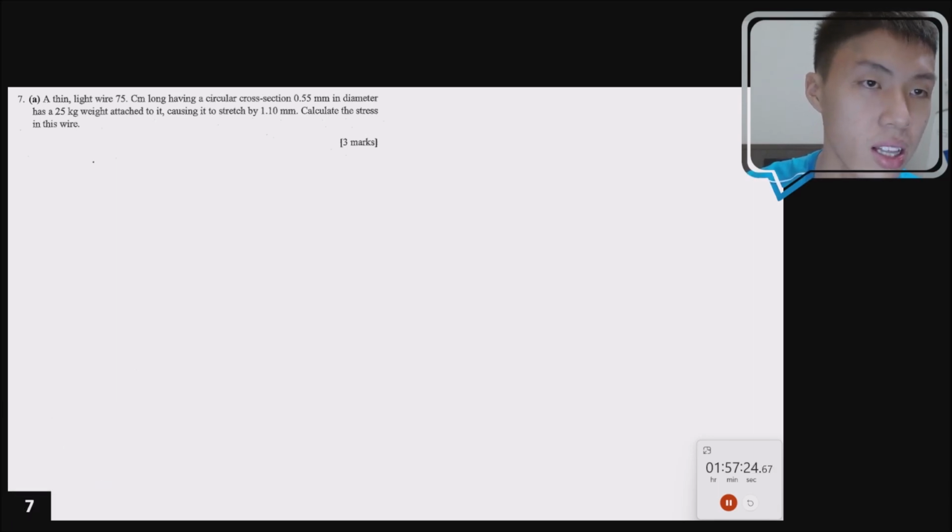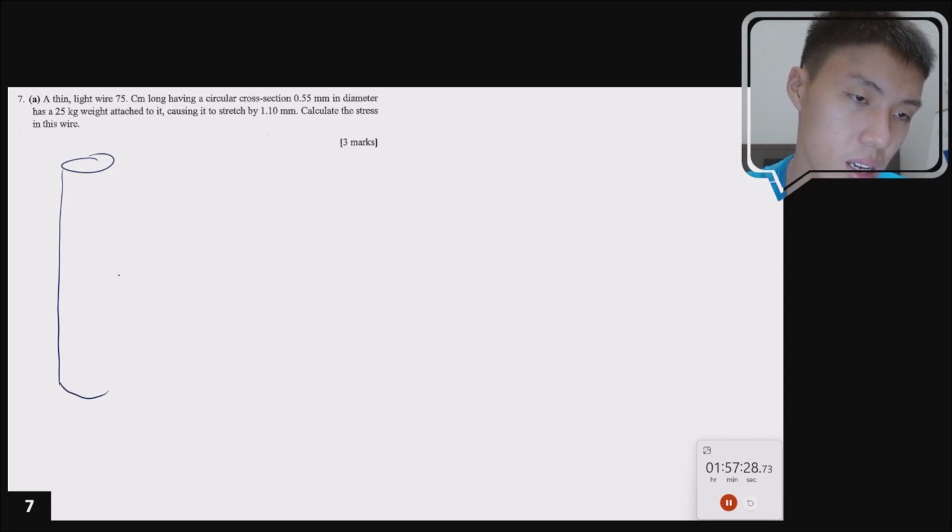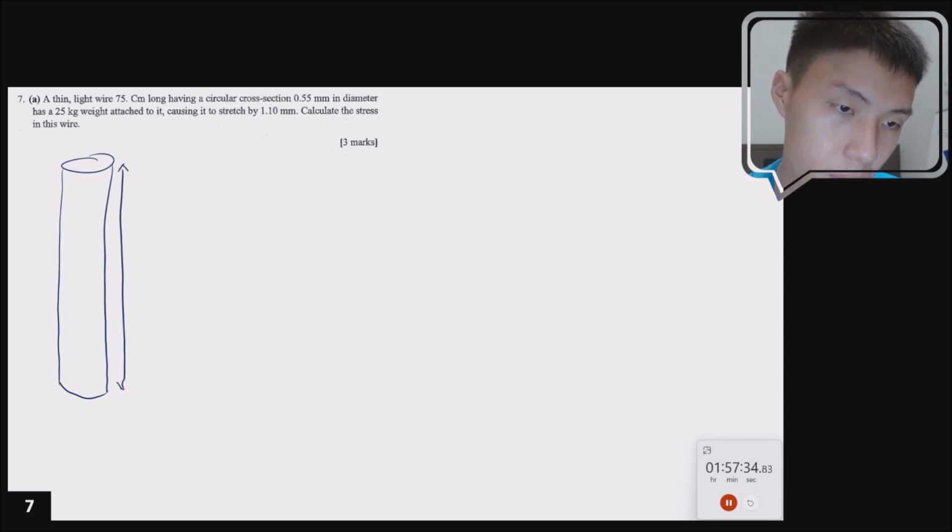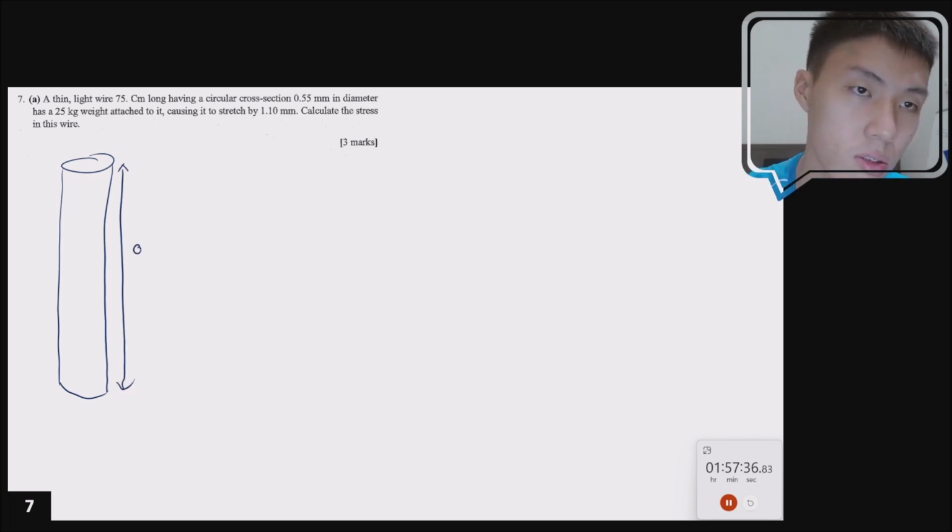So you have a thin light wire, 75 cm long, 0.75 meter. Then it has a circular cross-section of 0.55 mm in diameter, so the diameter from here to here is 0.55 millimeter. Change it to meters, times 10 to the power of -3 meter.